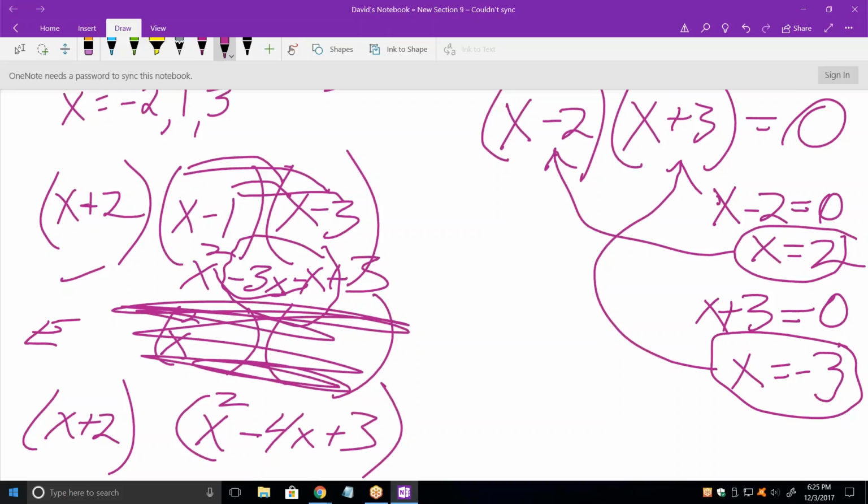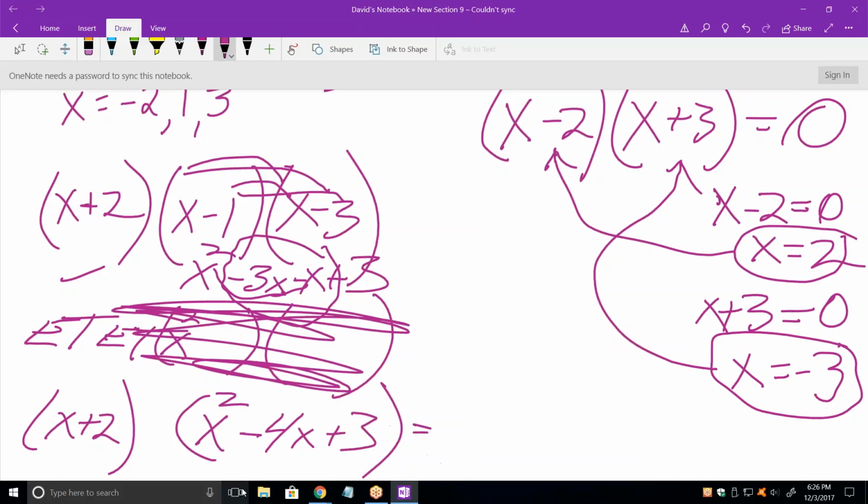To me, that's what FOIL should be called. Every term by every term. Every term by every term. So, okay, what do you get? Well, I gotta do x times x squared. Always start from the left, do all the x's, and then go to the next term, the 2, and do all the 2's.